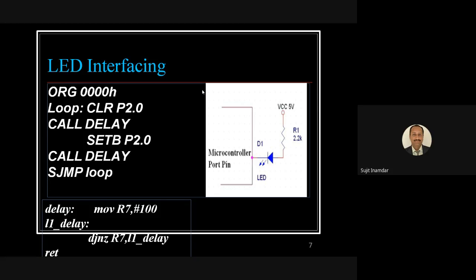To get that, you can see the small program below that has been written for the delay. In each and every program you can write the same statement for delay. Just remember.